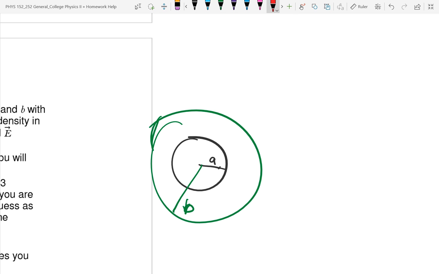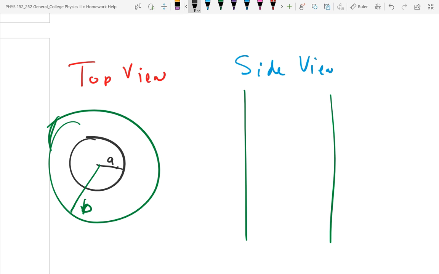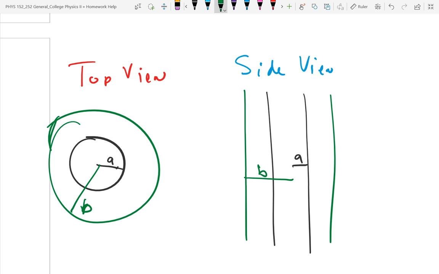So this is a top view. And then I'll make a side view. The side view I have, well, let's stick with the same colors. Right, that's a side view. So for my Gaussian surface, I have 3 Gaussian surfaces, one that goes like this.